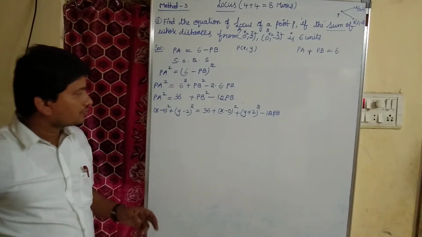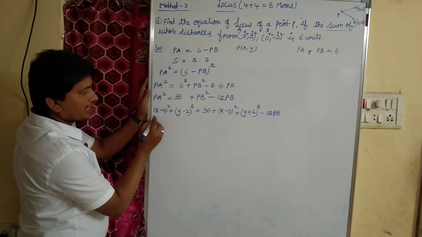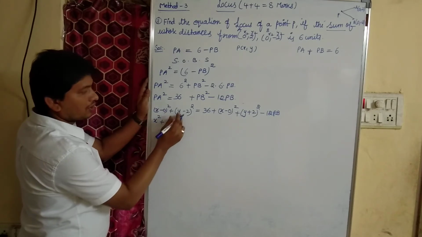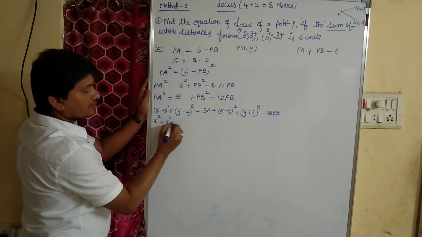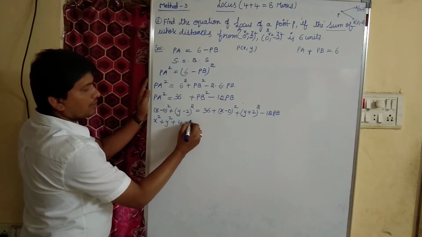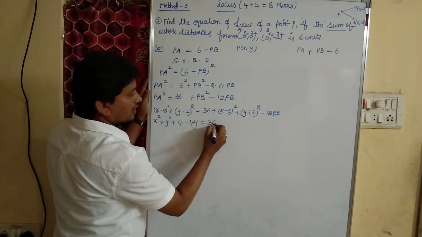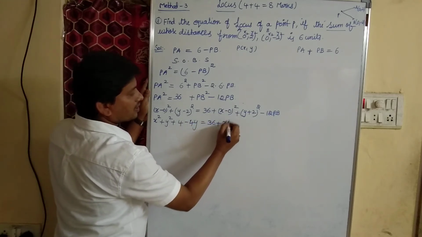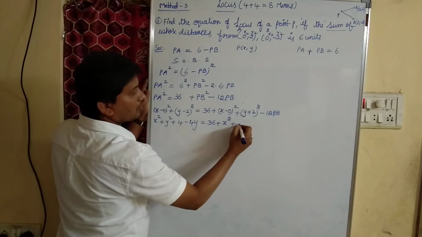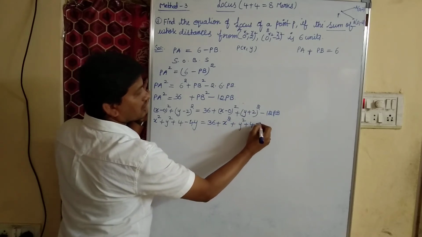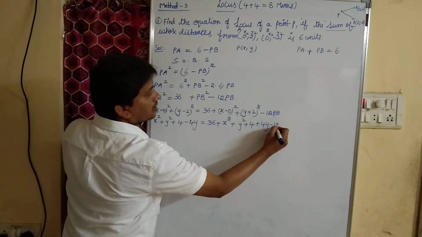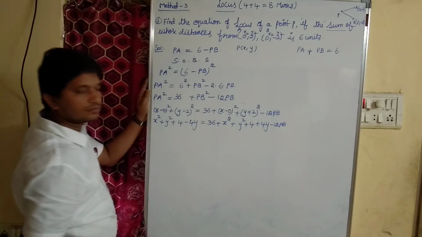Okay children? x minus 0 is x only. So x square, a minus b whole square is a square plus b square minus 2ab, equal to 36 plus x square, a plus b whole square is a square plus b square plus 2ab, minus 12 PB.